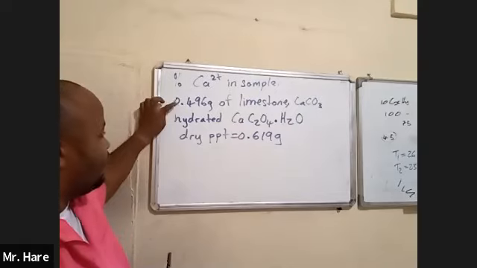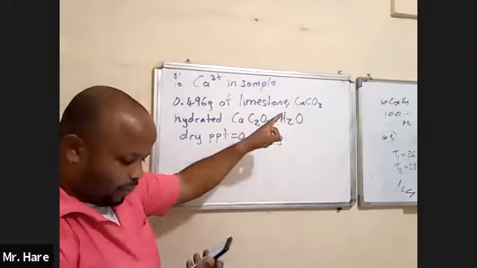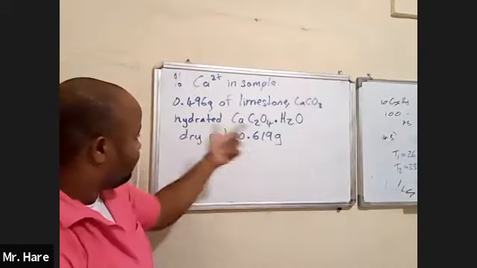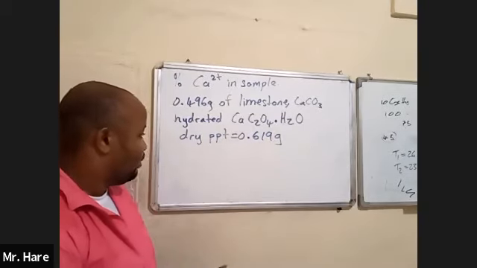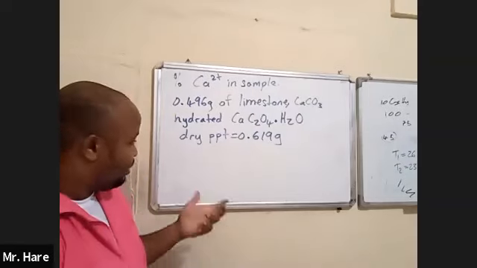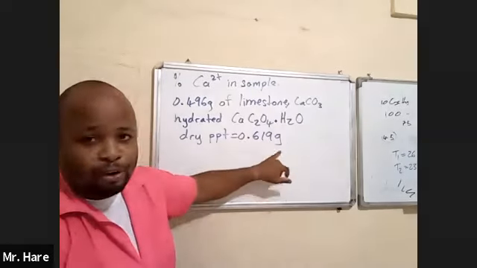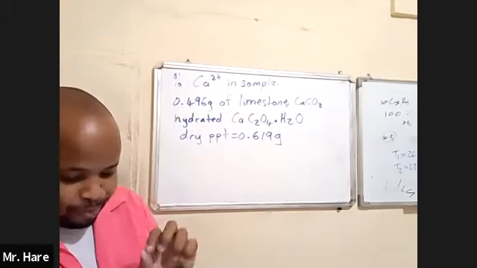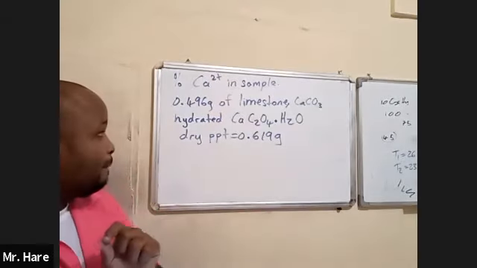We dissolve 0.496 gram of limestone, and then the calcium was precipitated as hydrated calcium oxalate. After drying, the dry precipitate weighs 0.619 gram.